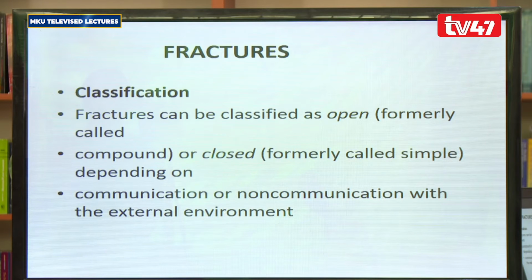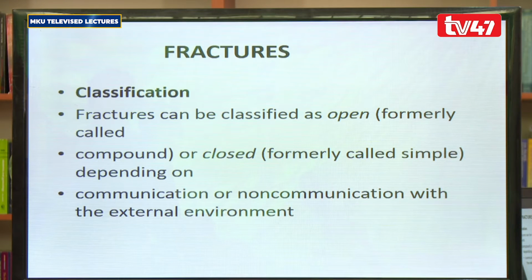Therefore, the classification of fractures may be an open fracture or a closed fracture. Open fractures were formerly called compound fractures, while closed fractures were formerly called simple fractures. There is communication or non-communication with the external environment.